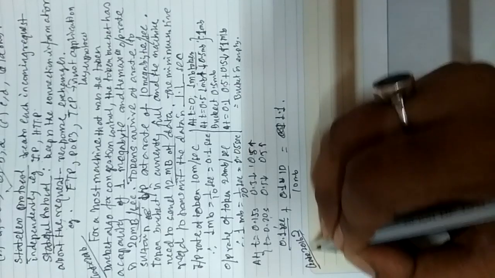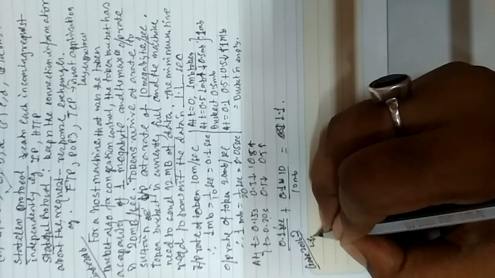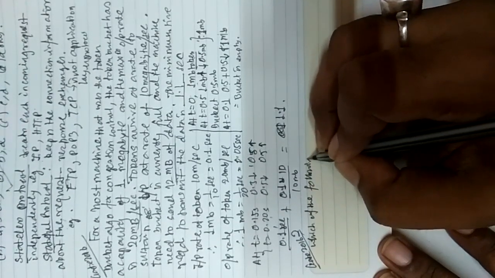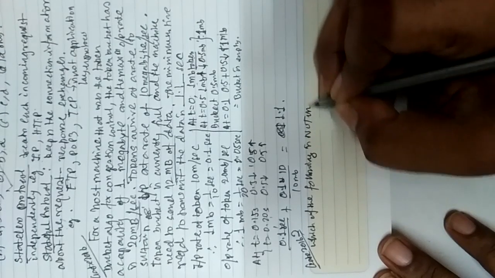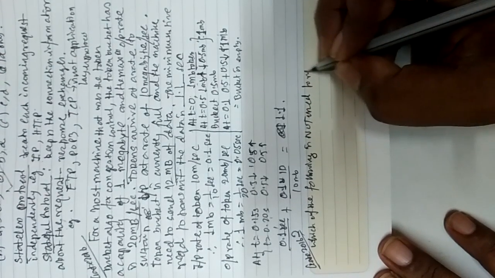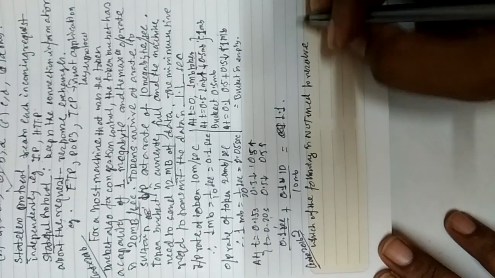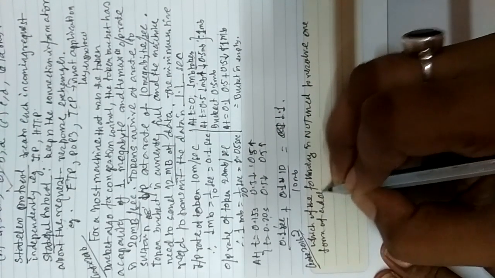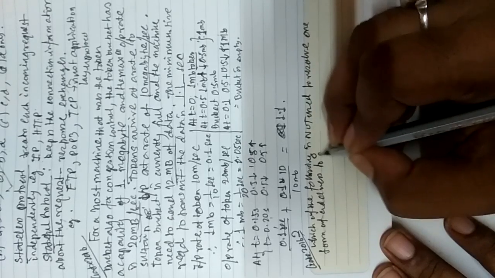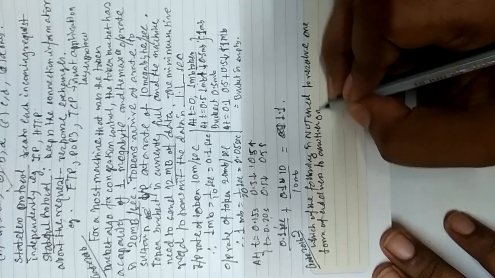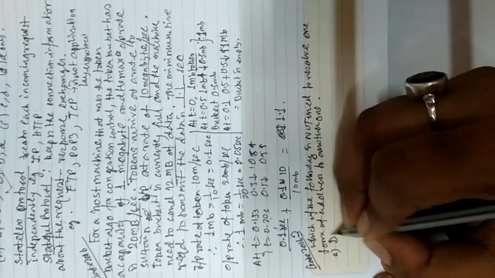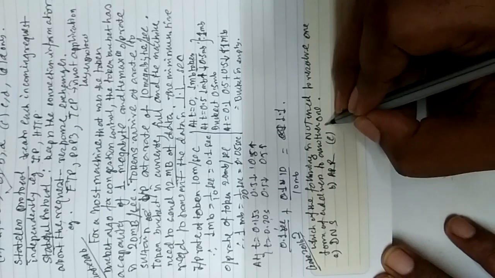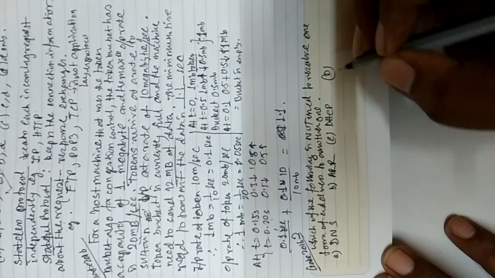Again from 2016 it is given: which of the following is not used to resolve one form of address to another one. Option A is DNS, B is ARP, C is DHCP, and D is RARP.